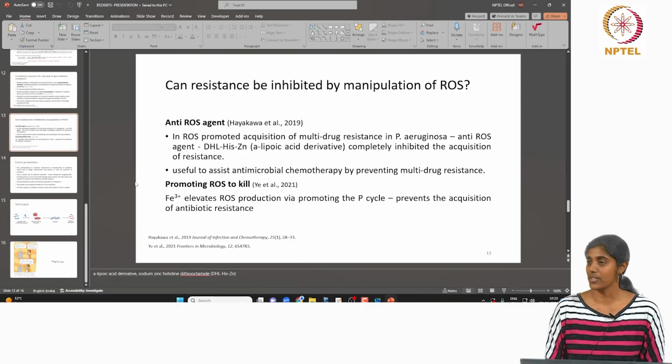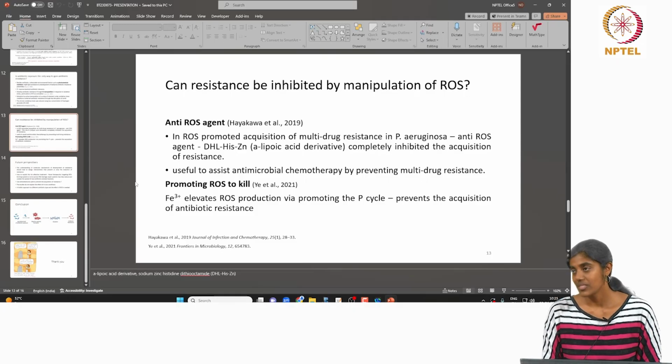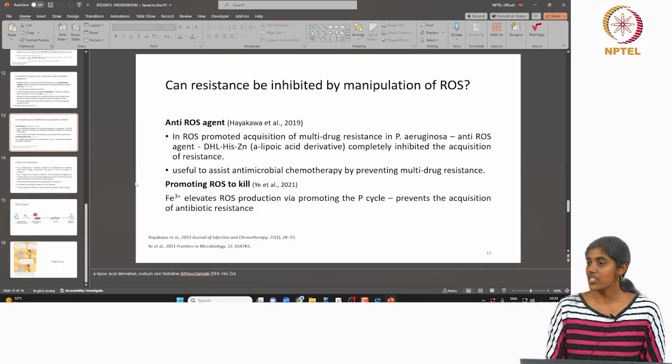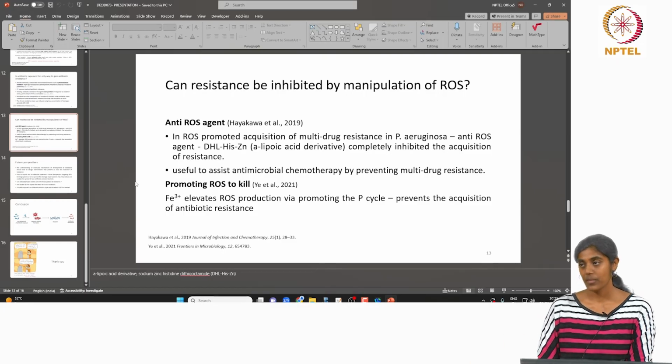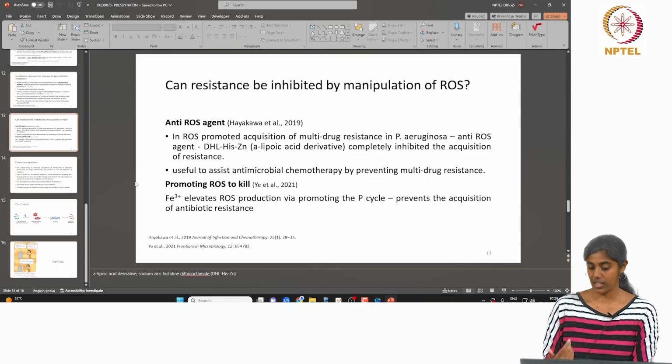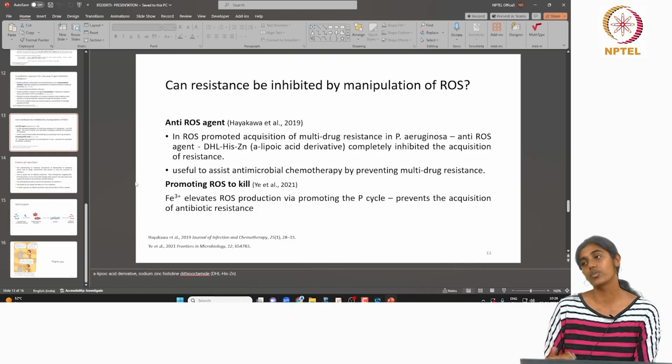That is what the paper says. When the ROS levels are high, that leads to mutation. So they treat with the anti-ROS agent, which will reduce the ROS and prevent the formation of mutation, which would lead to antibiotic resistance.